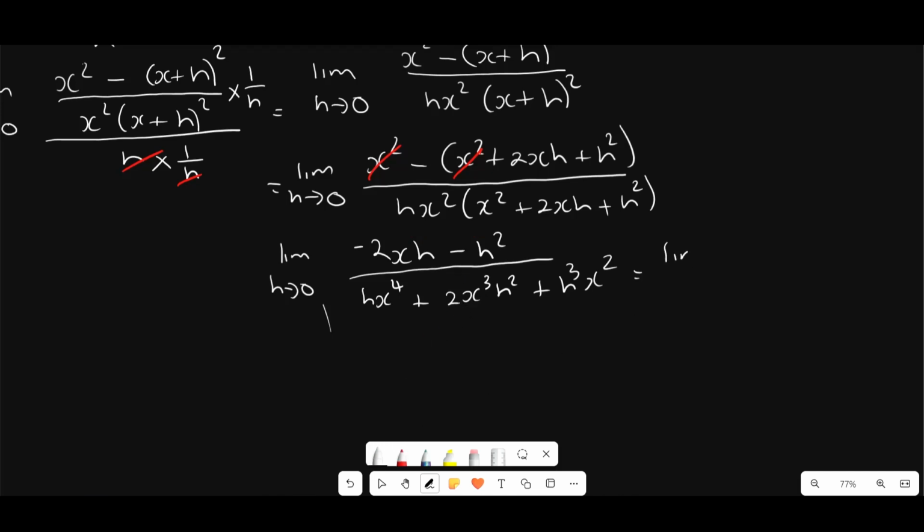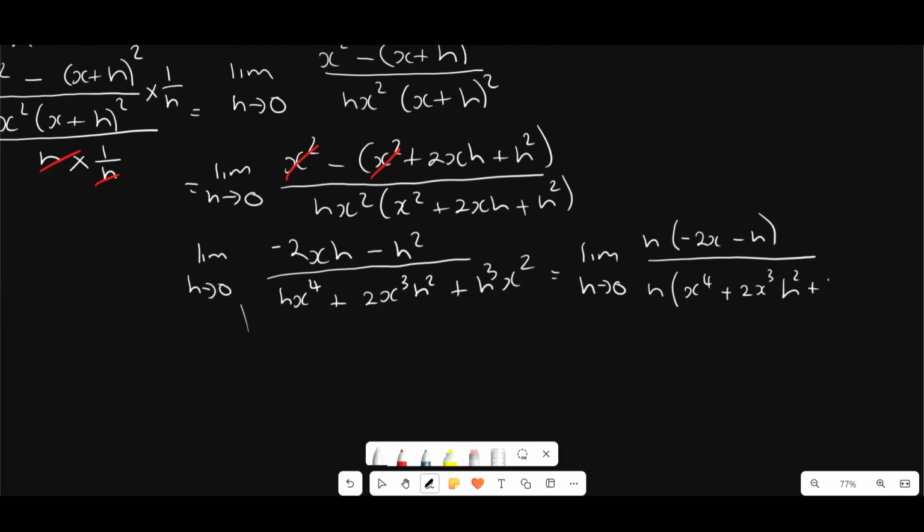The limit as h approaches 0, taking out h, I have h times negative 2x minus h, all divided by h times x to the power 4 plus 2x cubed h plus h squared x squared.